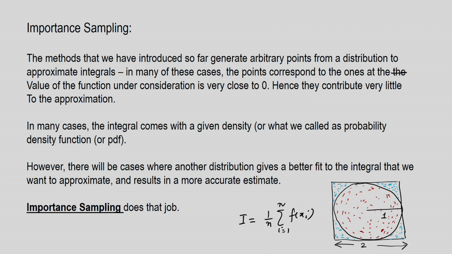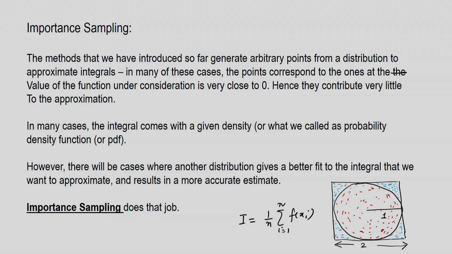If many of the random points are like that, because we are choosing at random without looking at the nature of the function, then we will be wasting our computational resources and our time. So, if the values of the function are close to 0, those points should not be considered in the sampling in order to do the integral, because they contribute very little to this approximation.